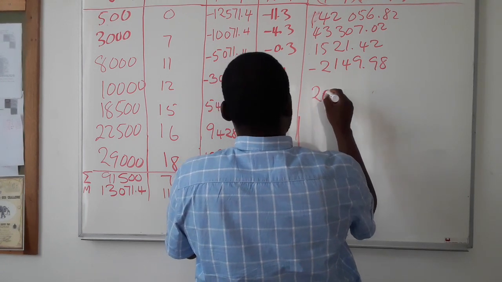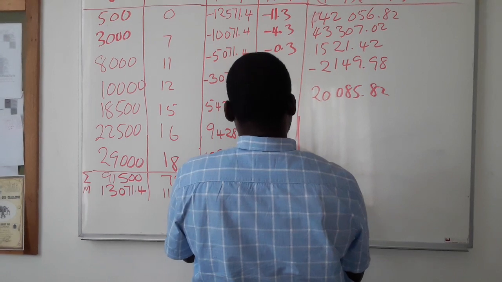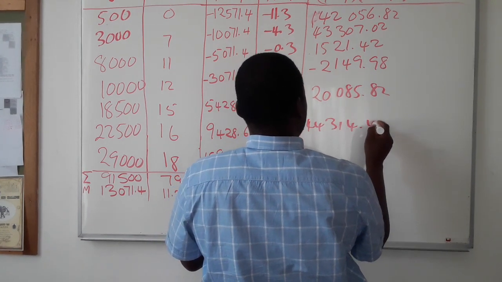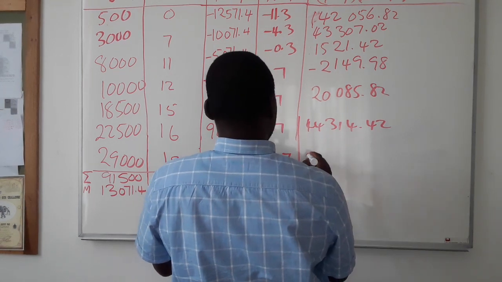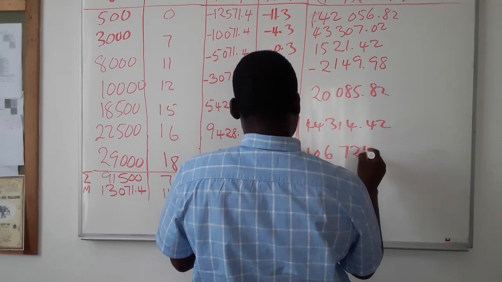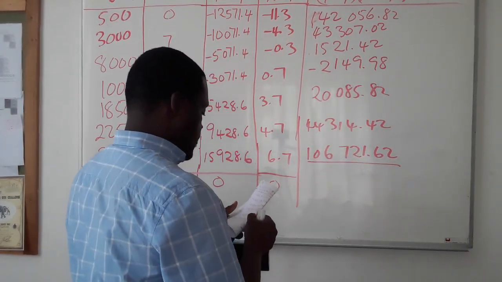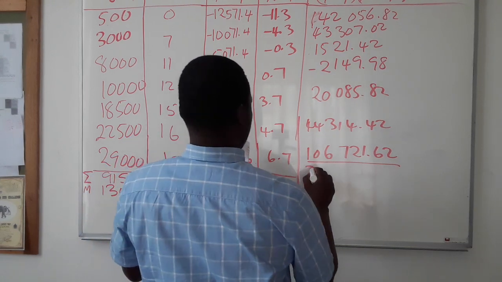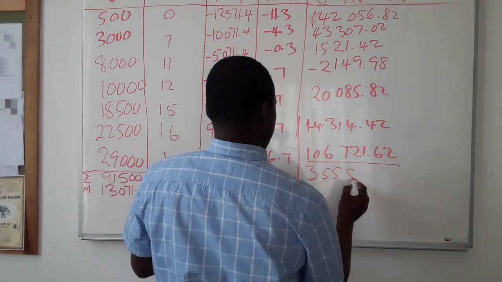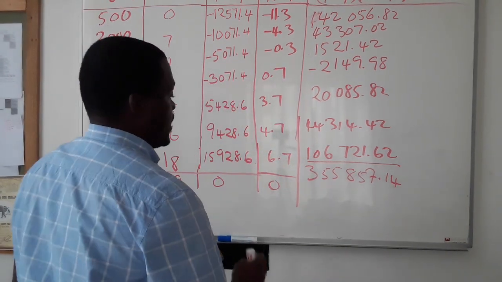Then you have 20,085.82. Then you have 44,314.42. Then you have 106,721.62. Now, if you sum those numbers, you will get 355,857.14.